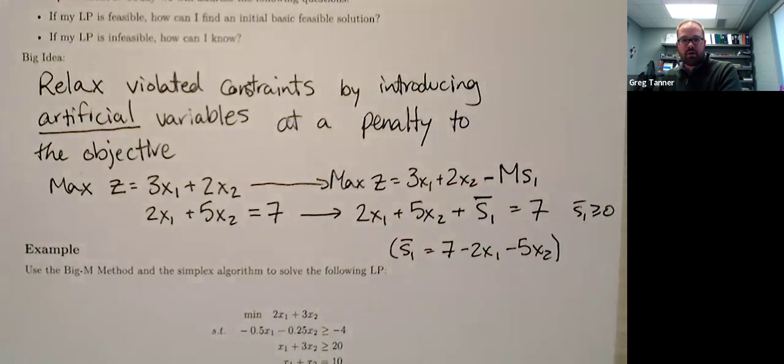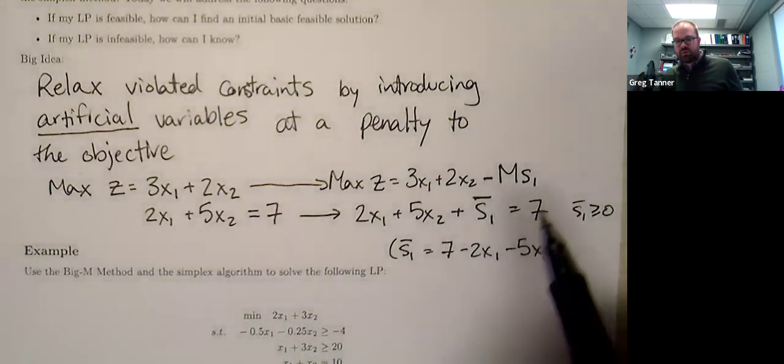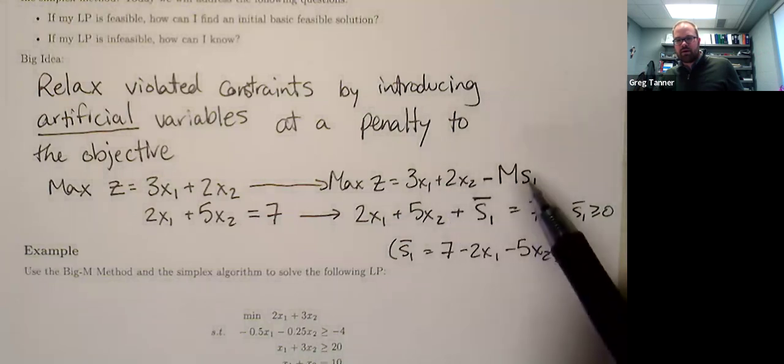Okay, and so we create this new optimization problem that has a slightly larger feasible region. Because we've essentially introduced this S1 bar, what previously were infeasible solutions are now feasible for this new problem. But this new problem is going to work really hard to try to drive S1 to 0.